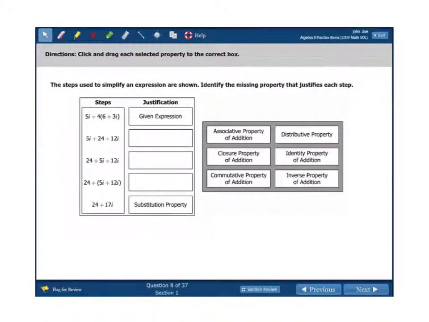Okay, click and drag each selected property to the correct box. So this is a question where they're asking us to identify which property we're using over here. Right here, they have multiplied through that 4, and that is our double rainbow property, which is our distributive property. So that goes here.